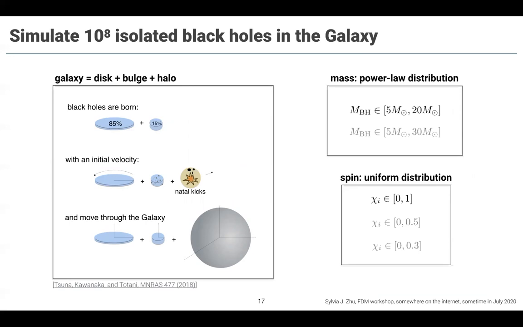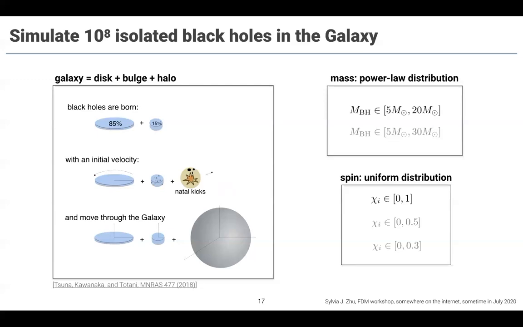We did this by saying that, okay, we have 10 to the 8 black holes. They're born in the disk and the bulge of the galaxy in certain percentages and with certain formation rates. When the black holes are born, they're born with some sort of initial velocity.